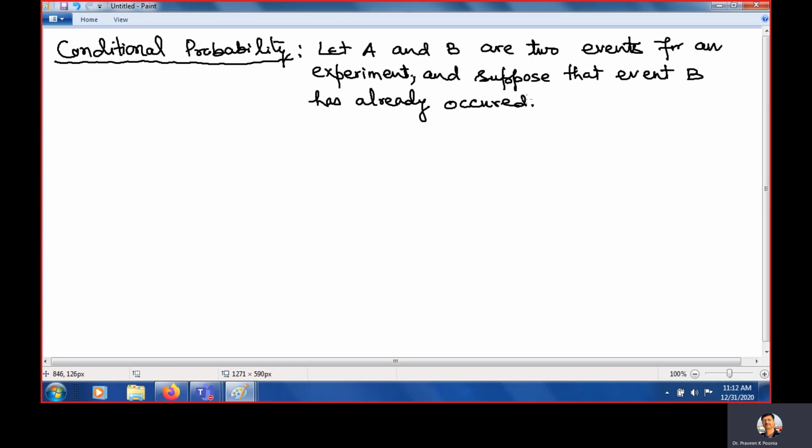Clear? So the same is here. If B event has already occurred, then we need to calculate the probability.